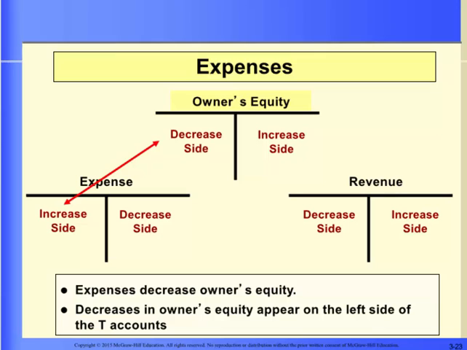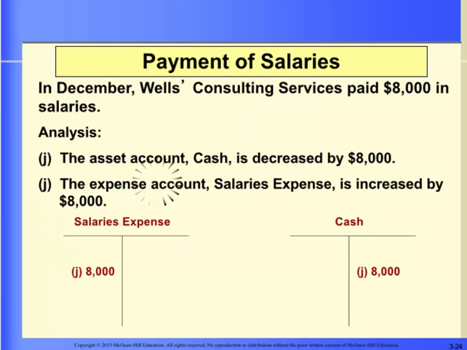As the business incurs expenses, it causes total owner's equity to go down. Remember, since owner's equity is on the right side of the accounting equation, to decrease total owner's equity, we need to record the entry on the left side of the expenses T account. Let's see how to record a business expense in the T accounts.